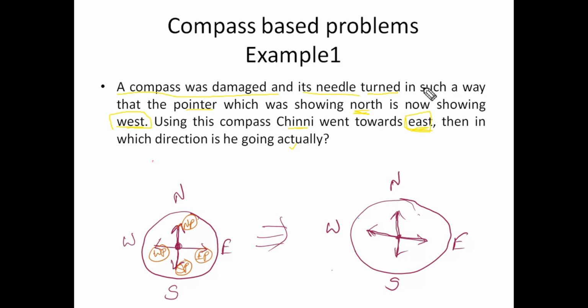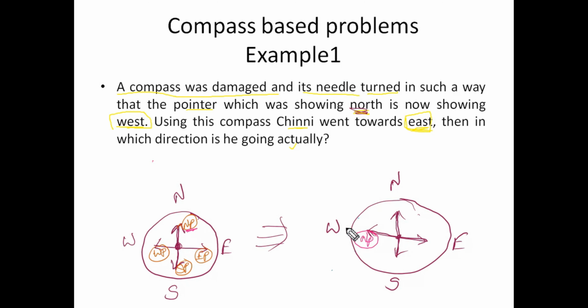How is it disturbed? He mentioned that point in the question only. The pointer which was showing north, till now that is the north pointer, and that north pointer is now showing west. So the north pointer is turned in such a way that now it is showing west.